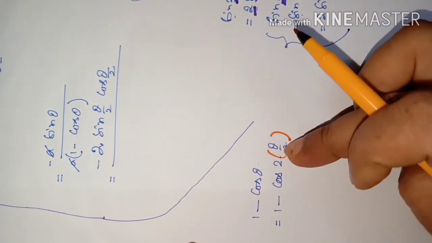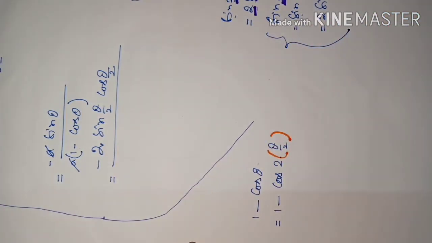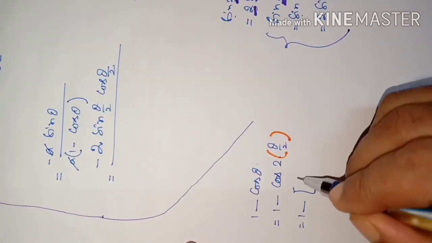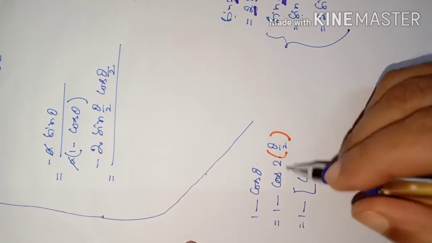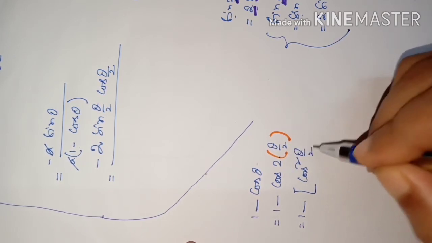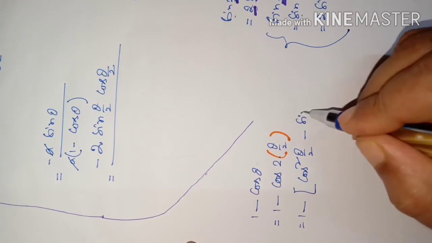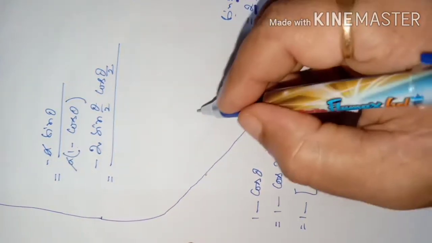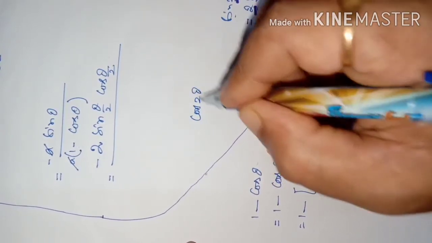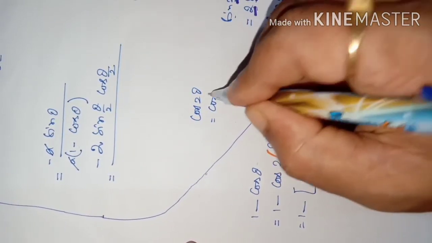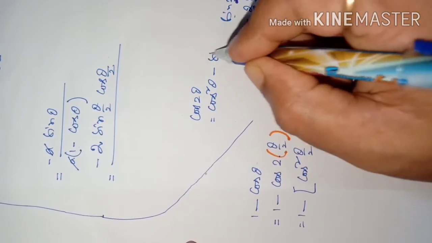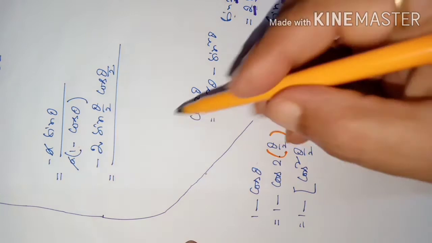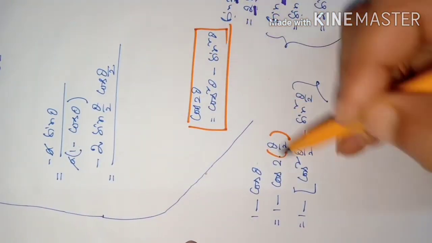So cos twice theta, how do you express cos twice theta? That is 1 minus cos twice theta is actually cos square theta by 2 minus sin square theta by 2. No? Because you recall cos twice theta is equal to cos square theta minus sin square theta. Yes or no?